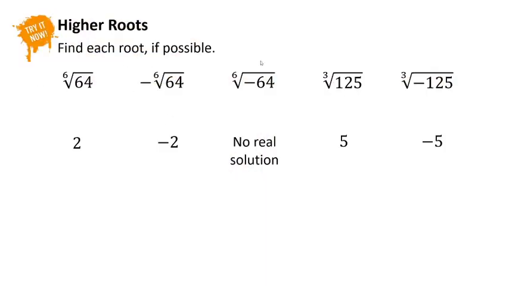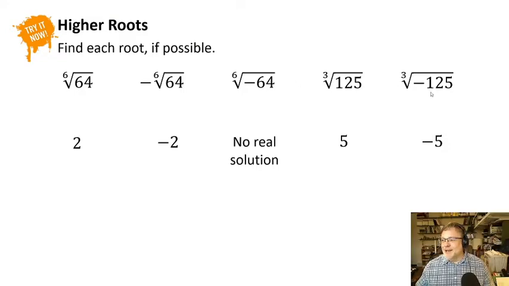Welcome back. This is good practice for the different rules that we find when we're dealing with even roots as well as odd roots, and the different rules that come into play with negative radicands as well as positive radicands. Now, there's something I want you to see here that might be of some value. You can think of 64 as being 2 to the 6th power.